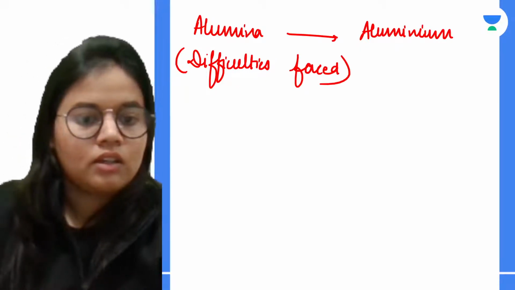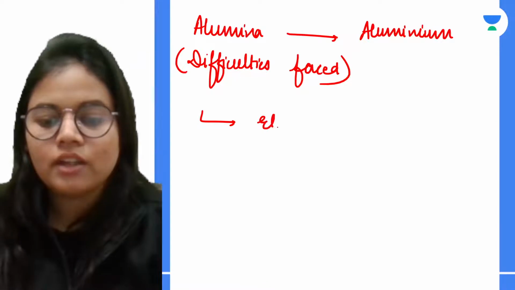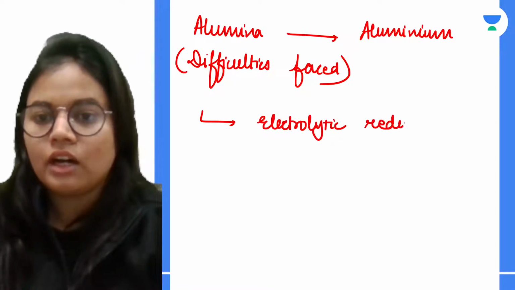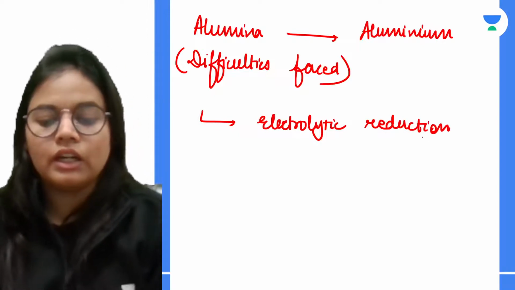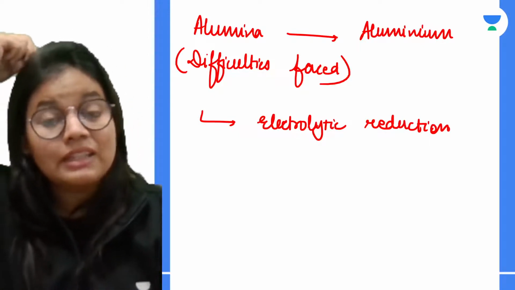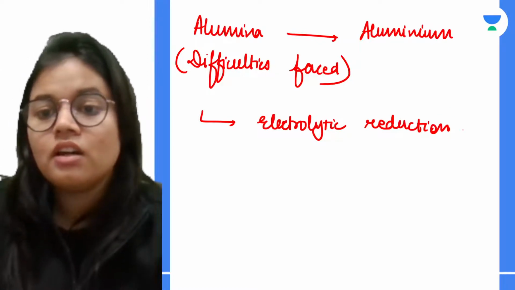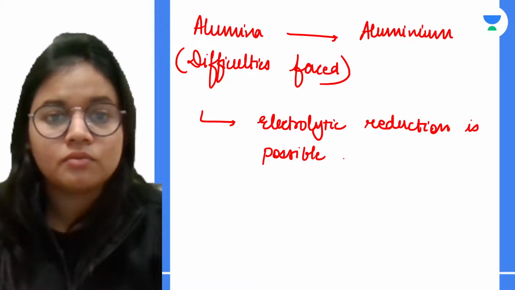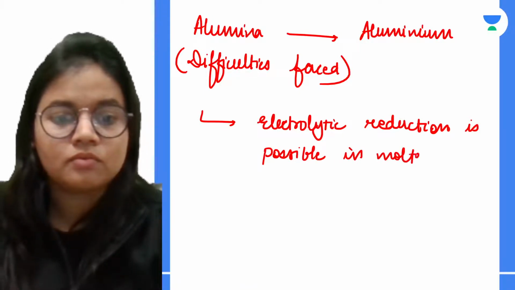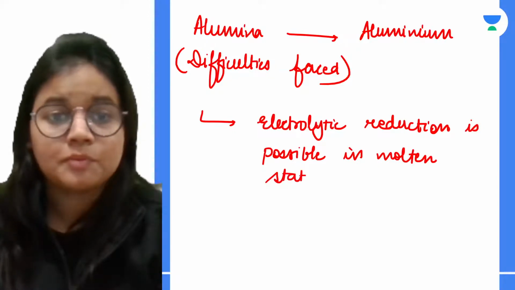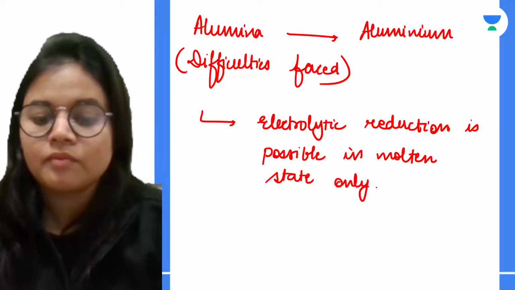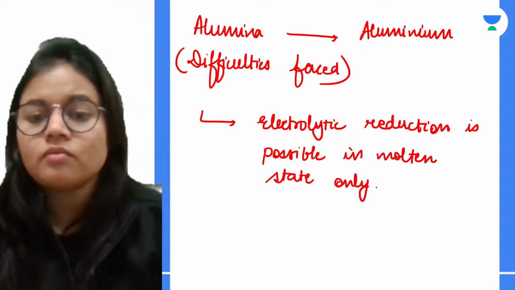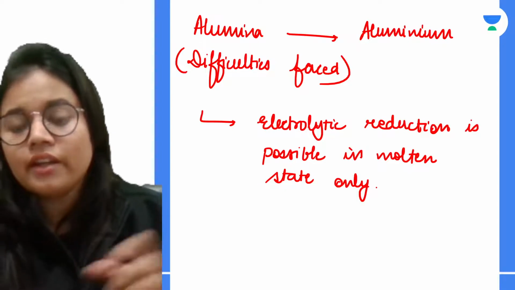So this electrolytic reduction, which we are going to learn in the Hall-Heroult process, is possible in molten state only. Okay, so what is happening at this particular state?